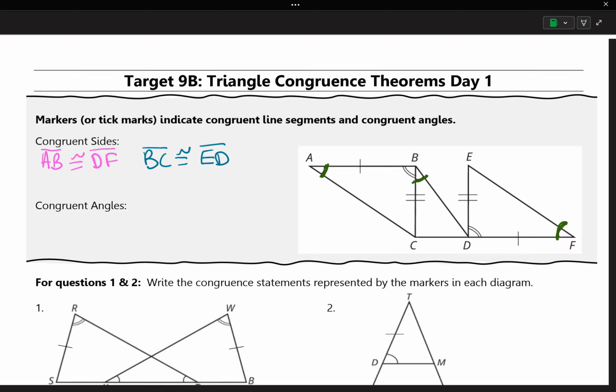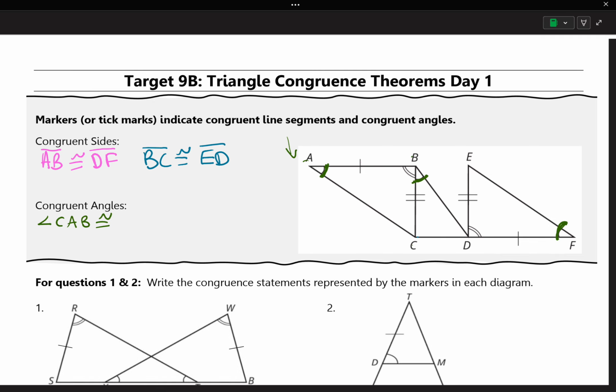So let's write their names. I'm going to go left to right, so I'm going to start with this angle here. All right. So the three letters that surround this angle are CAB. So I'm going to say angle CAB is congruent to.